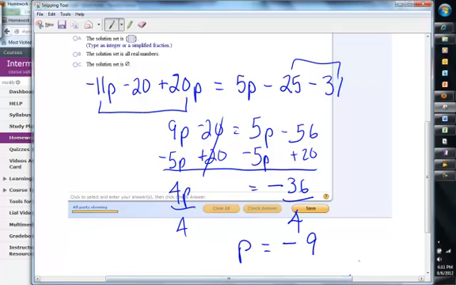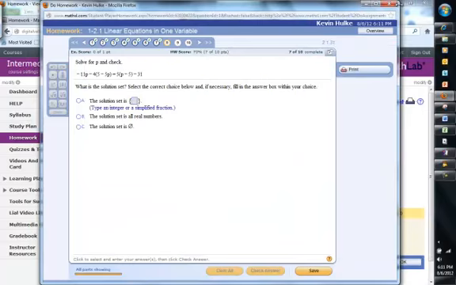So remember this, you do the addition and subtractions before the multiplications and divisions. And you always move the smaller variable to the other side by subtracting that. So we get p is negative 9, if I remember right.